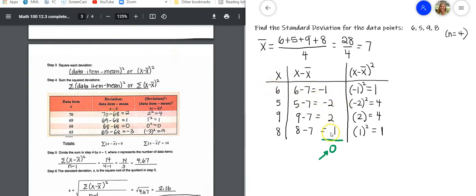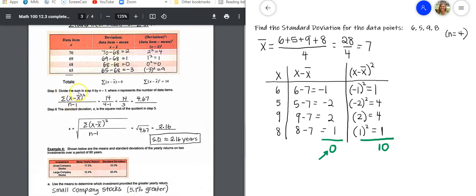So whatever numbers are here, you're squaring, and that's step 3. And then you're going to add those values together. That's what step 4 is asking you to do. So if I add all of those values together, I get 10.